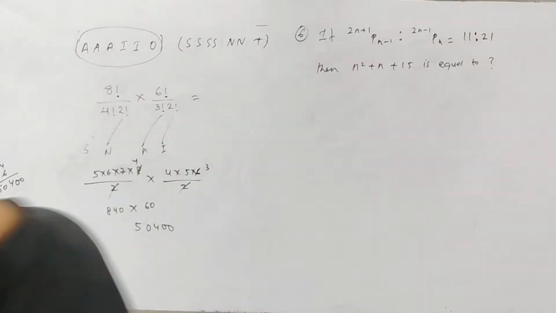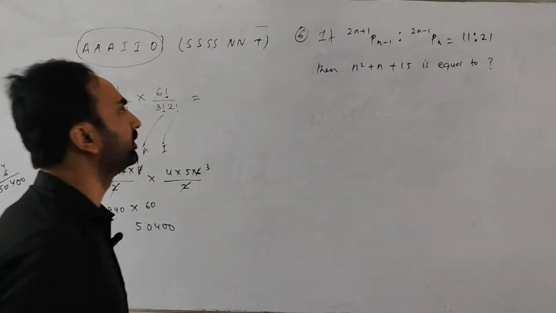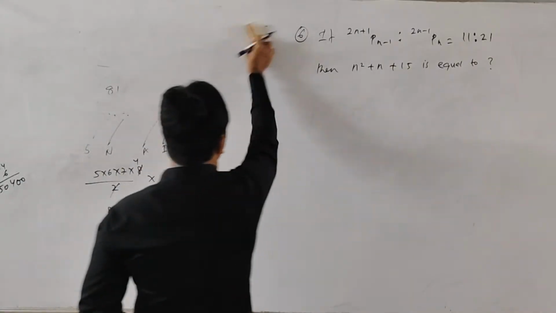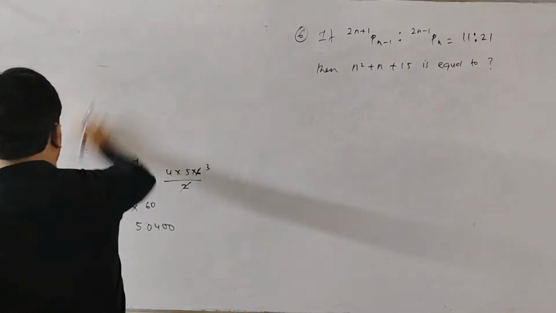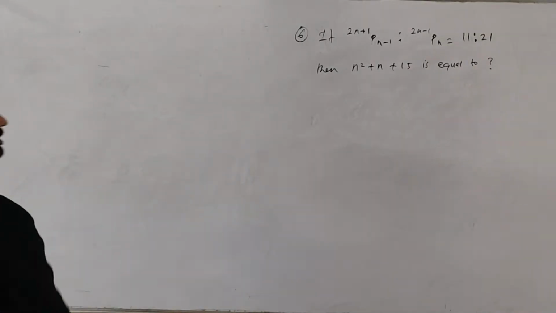Just see what value comes. We'll solve it as nPr only. (2n+1)P(n-1) and the ratio is given with (2n-1)Pn.